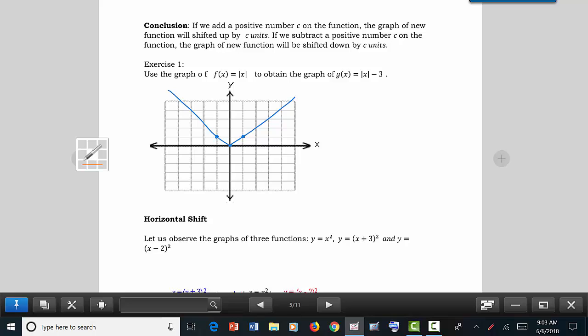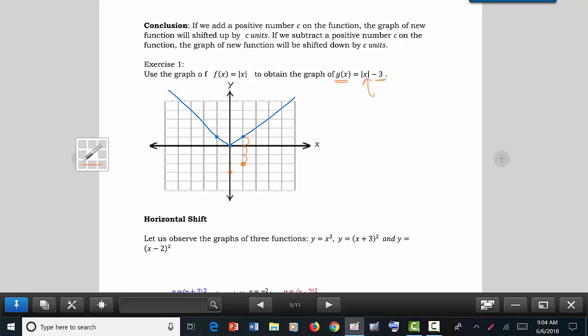let's see, g of x is subtracting 3 from the given function. So that means this point 0 becomes 3 units down. So we will hit that point. This point also will go 3 units down: 1, 2, 3. So we will hit that point.